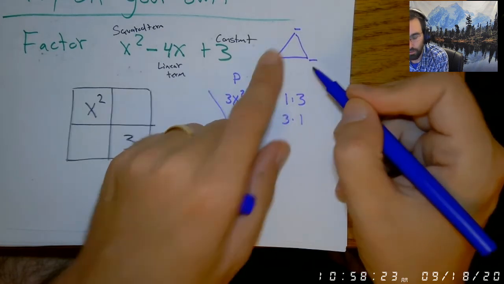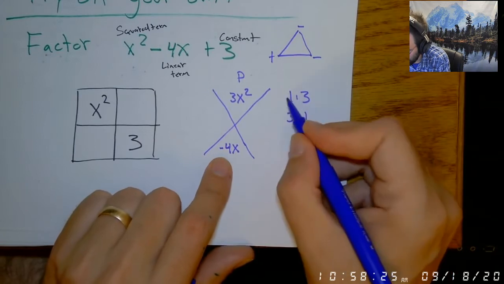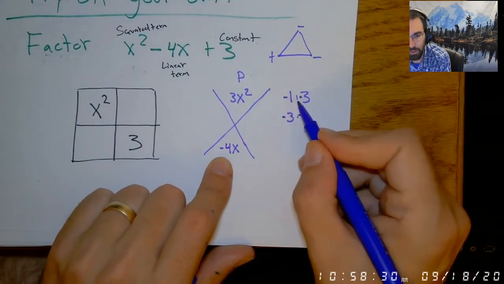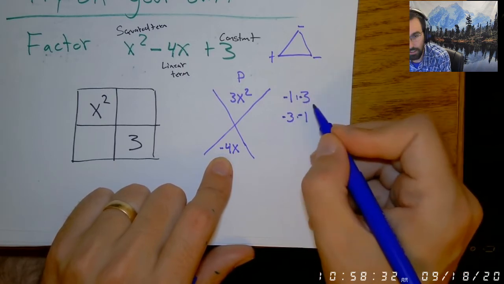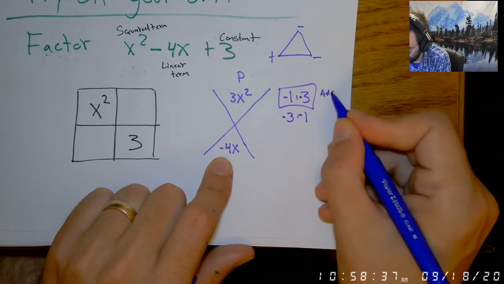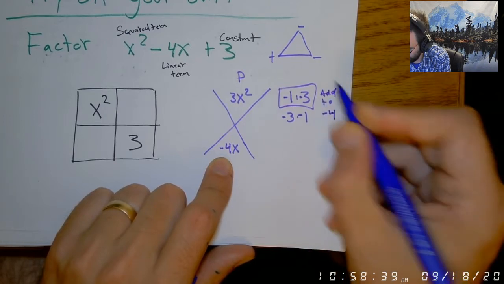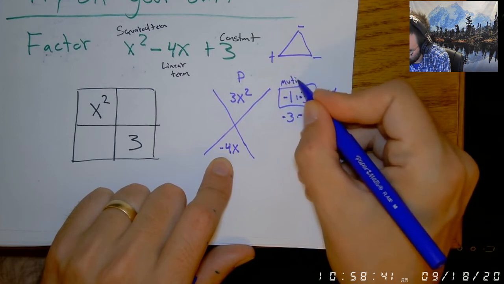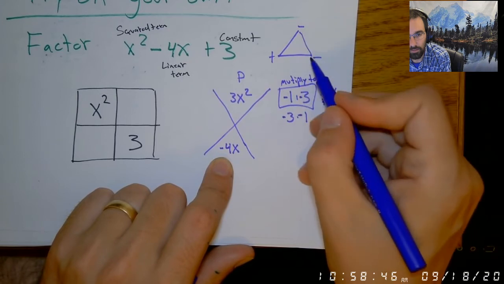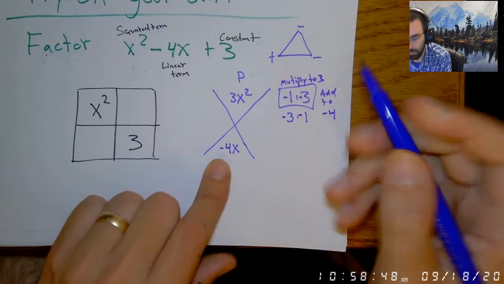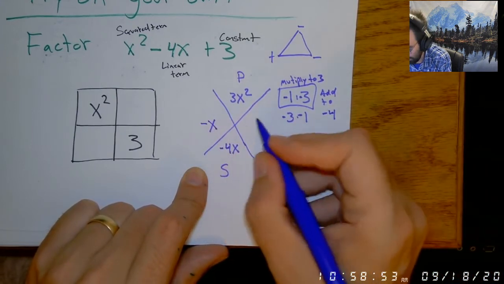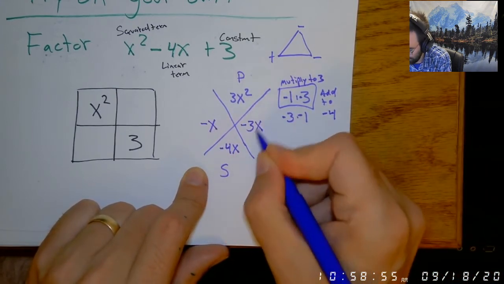So if these were both negative, think about this, negative 1 times negative 3, doesn't that equal negative 4? And it multiplies to 3, right? Because a negative times a negative is a positive. So I'm going to have negative 1x, and I'm going to have negative 3x.